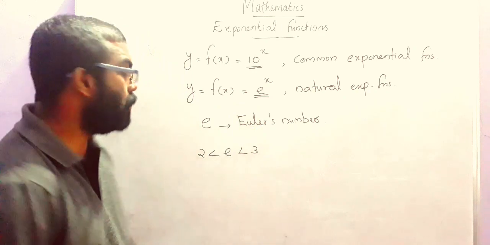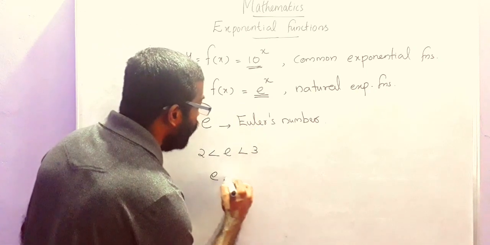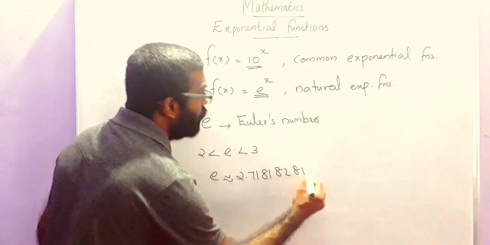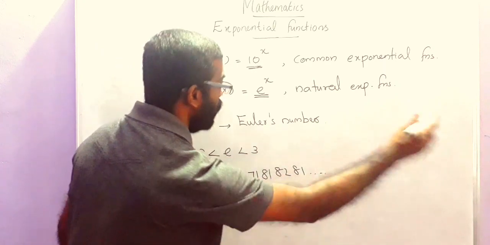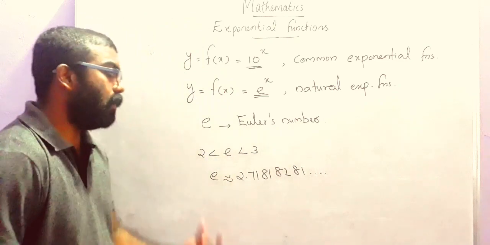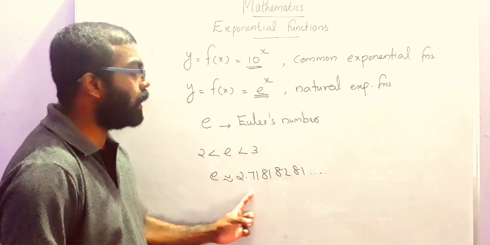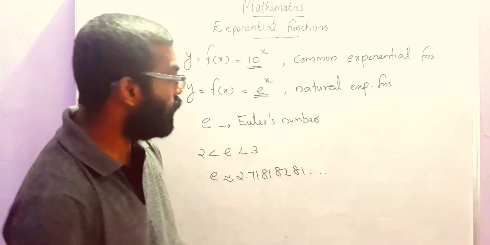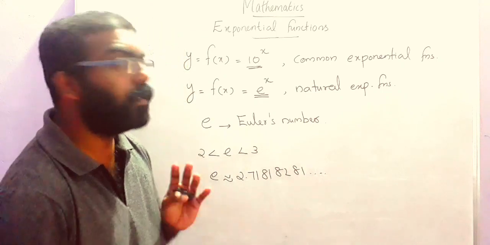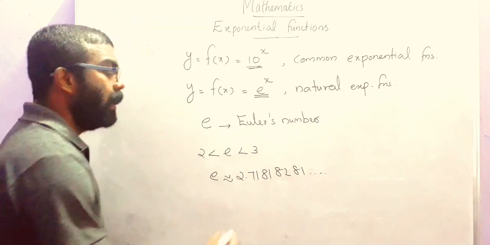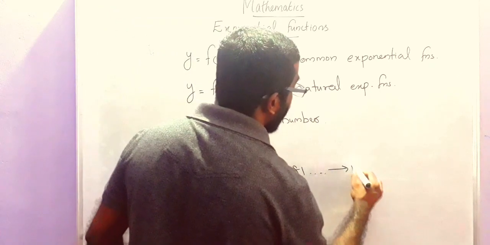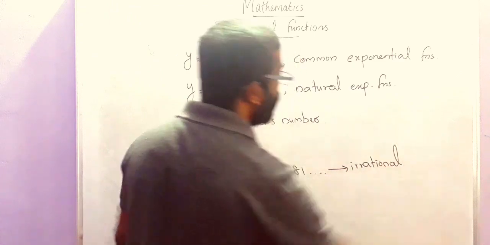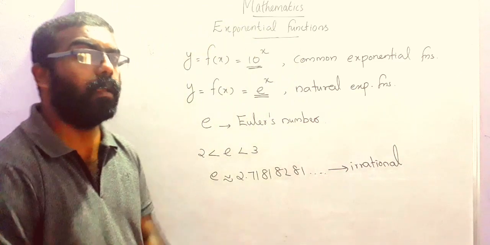And the approximate value of e is 2.71828 and so on. Observing the decimal expansion of this number, it is non-terminating and non-repeating, and hence it is an irrational number. e is an irrational number like pi.